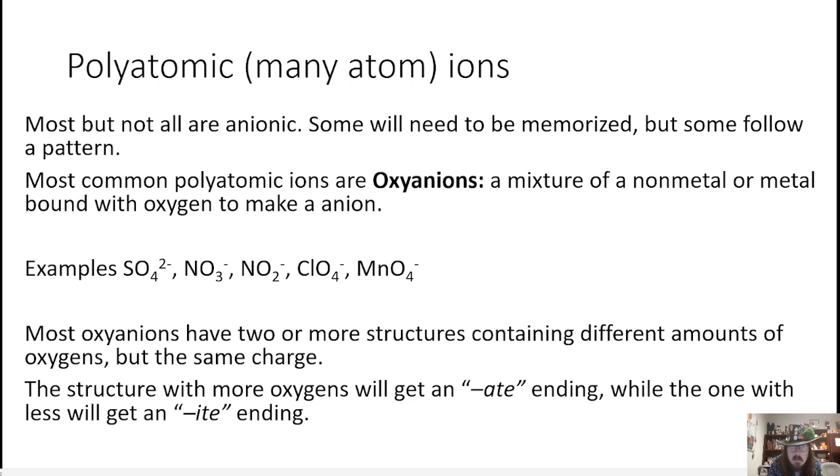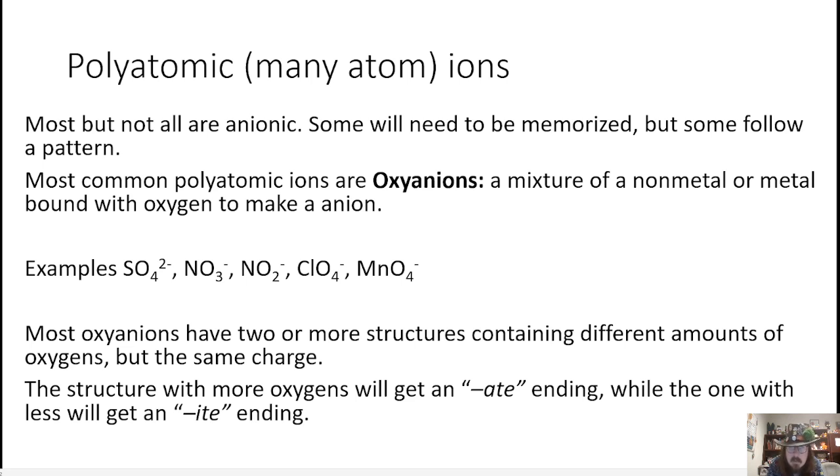The most common type of polyatomic anions we'll see is oxyanions. They are a mixture of nonmetal or metals bound to enough oxygens to make them an anion.